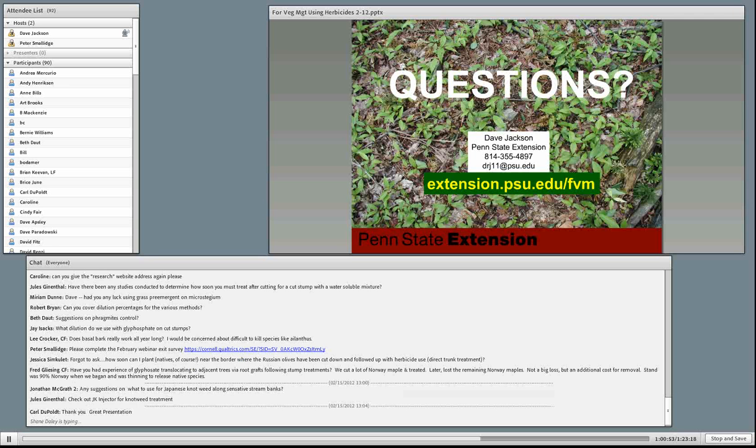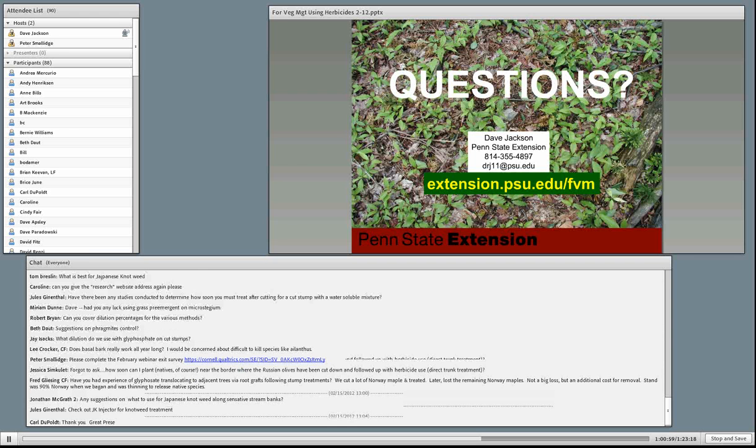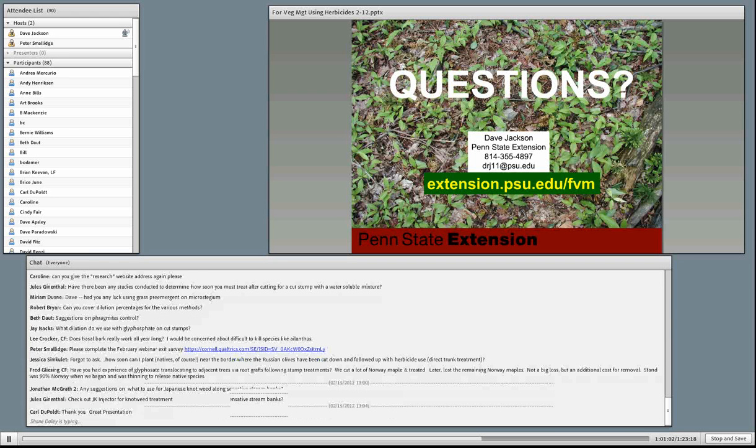Some people, to them that's not aesthetically pleasing, and so maybe a cut surface treatment or a cut stump treatment might be more desirable because they don't have that dead stem standing there. In some cases it may be a hazard that you're leaving standing, so maybe you do want to cut those things down, but to establish desirable regeneration, there's no need to remove any of the dead debris. You can leave it standing if you're okay with it.